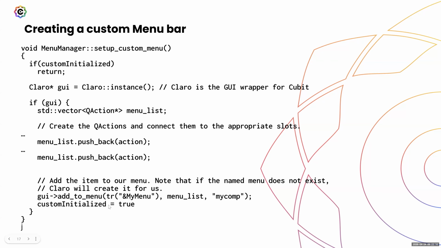Then we set this custom initialize flag to true, saying we've already done this, so that if we come back into this function again, it's not going to re-execute. Right here, we're calling a function in Claro to add this item into the menu. Now, this little ampersand M, that ampersand tells Qt to treat the M as a hotkey.